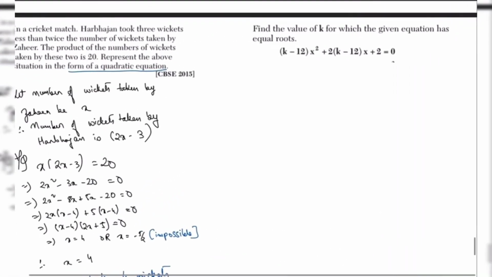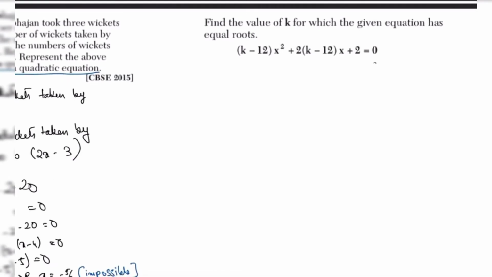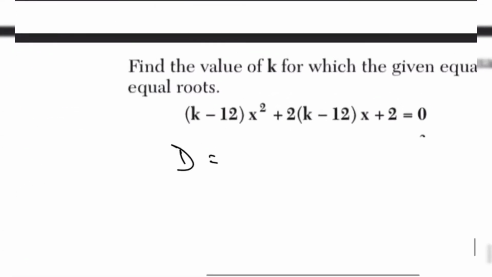Okay, so find the value of k for which this equation has equal roots. Okay, let's solve it. For equal roots, we need the discriminant to be 0. So discriminant equal to b square minus 4ac. Let us quickly check that this is a, this whole thing is b, and this is c.